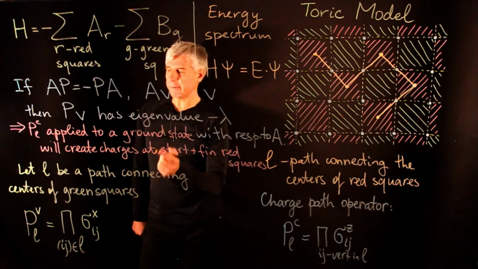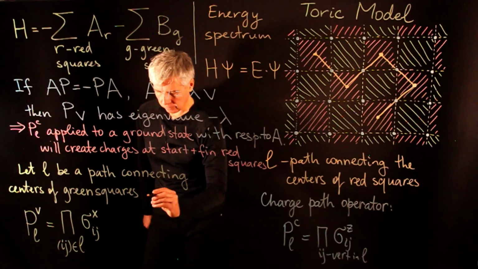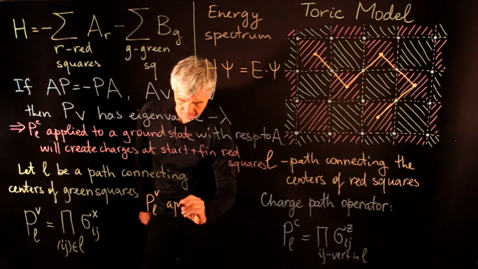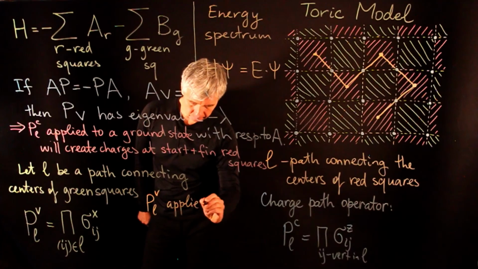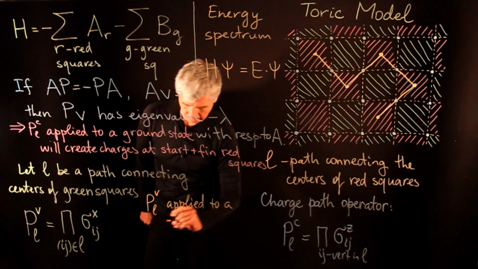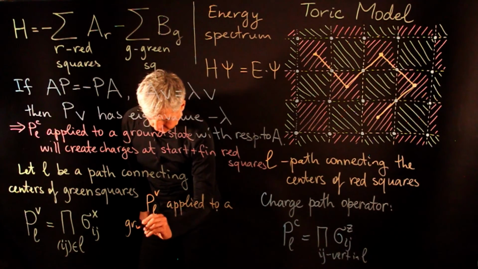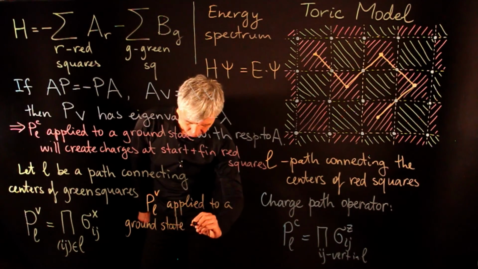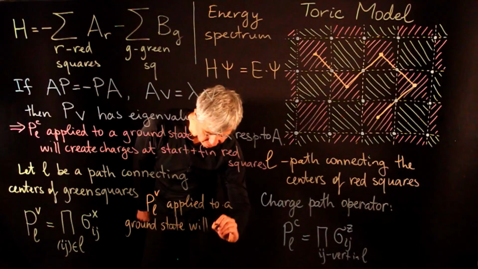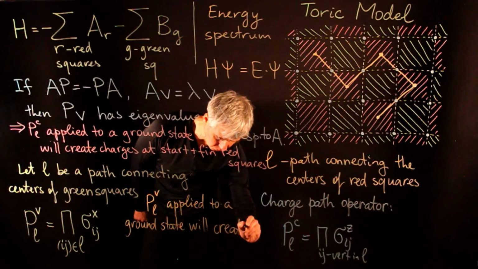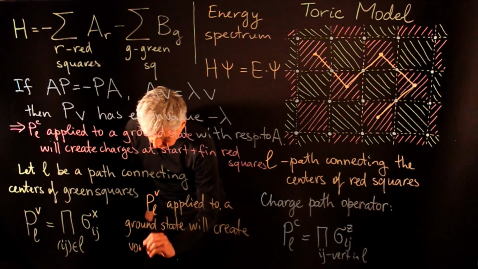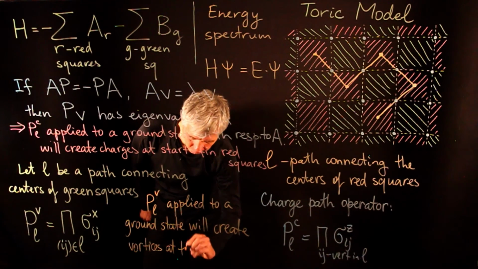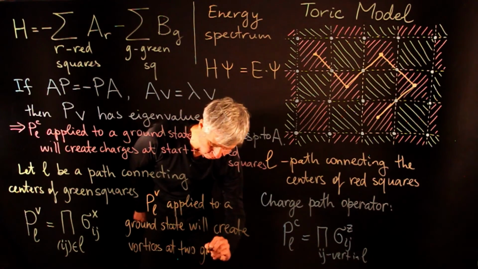Then, in a similar fashion, we can see that the vortex path operator applied to a ground state will create vortices at two green squares.